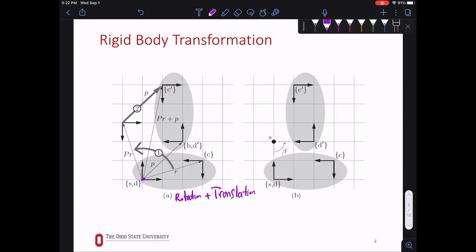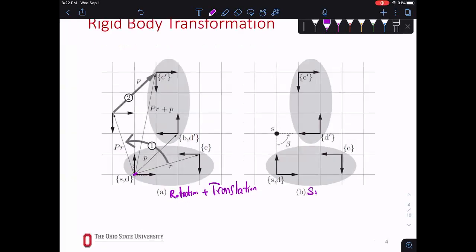The screw motion, we will learn about it later. But if you're reading your book, you will hear screw motion a lot earlier than I will discuss it. It's basically the combination of those two. It's like screwing along an axis and with an angle of theta, for example. All right. So this is the case of screw motion.